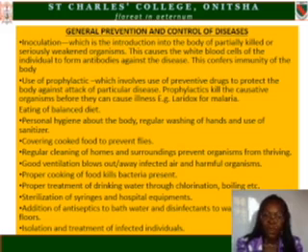Next one, regular cleaning of homes and surroundings prevents organisms from thriving. When you keep your environment clean, the organisms will not find it easy to survive there, because all these organisms thrive very well in dirty environments. If you don't have stagnant water in gutters and cans, you won't have mosquito larvae developing there.